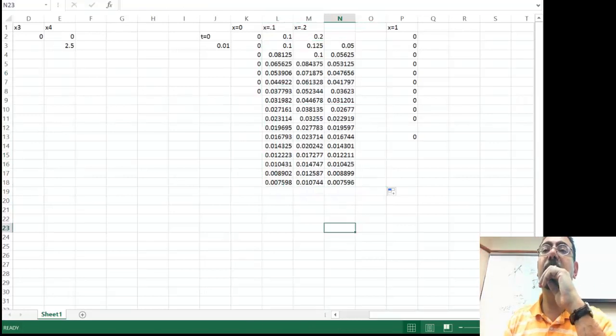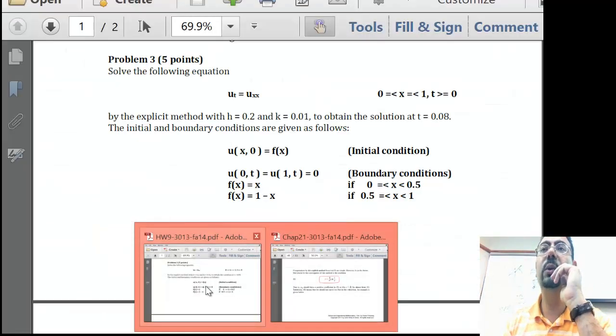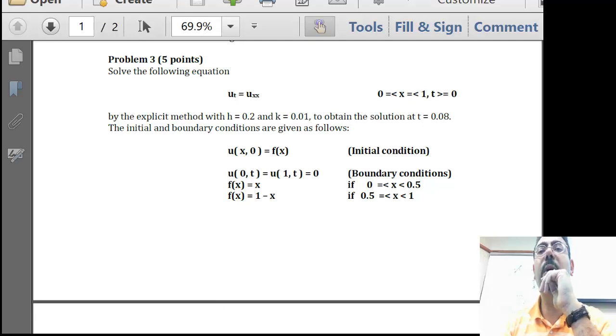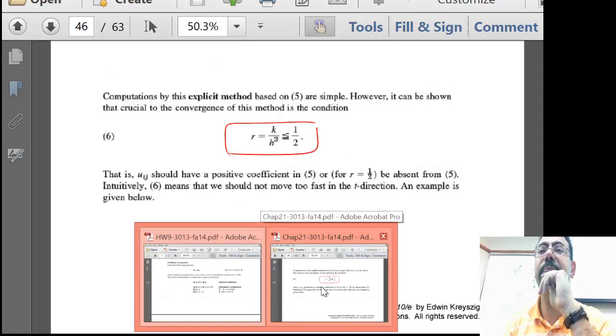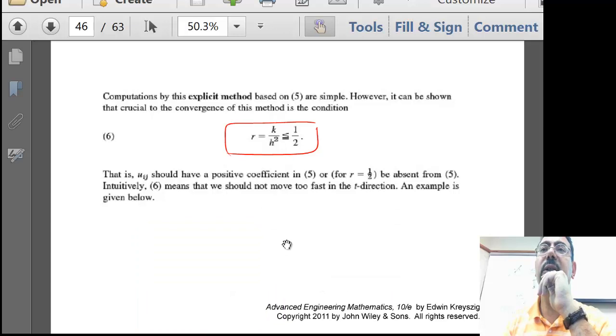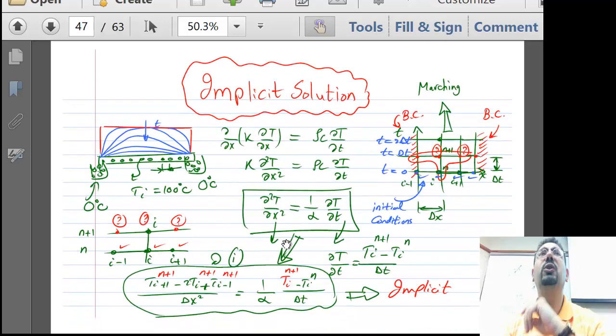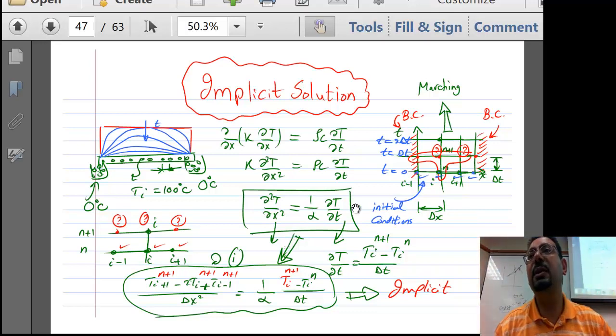So obviously the explicit methods are really very easy to do, right? What's the problem then? It's the stability criteria. That forces you to move really slowly. So that's why they invented the implicit method. That method basically said, no, let's not stand at the old time, let's stand at the new time. So this equation is not written at i and j, it's written at i and j plus 1.